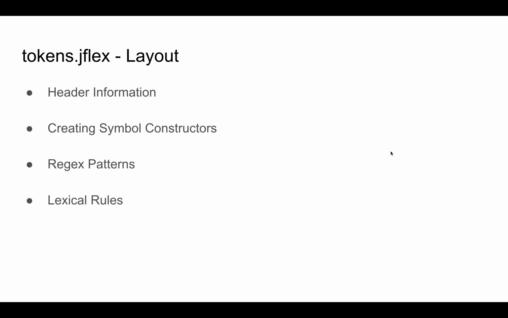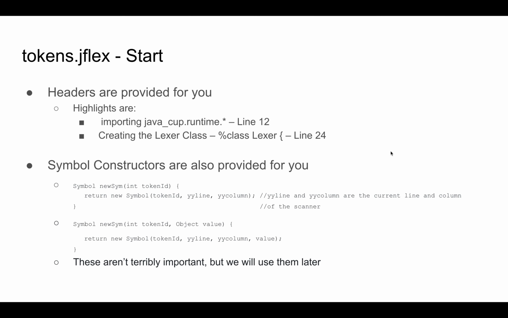This is the basic layout of the JFlex file. It includes four parts: the header information, the symbol constructors, the regex patterns, and the lexical rules. For the headers and the symbol constructor parts, you don't really need to change anything. It's the template, you can just use it. The headers just prepare the environment, import the CUP runtime, and create the Lexer class for the project.